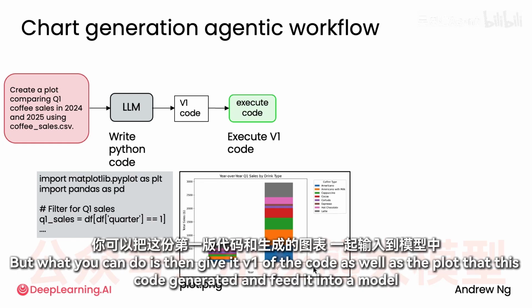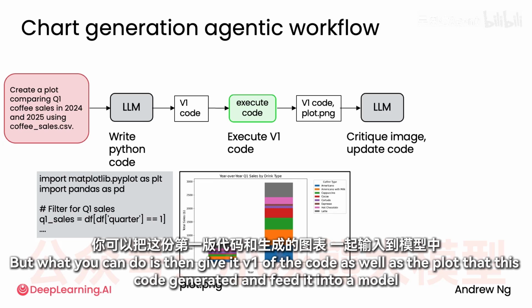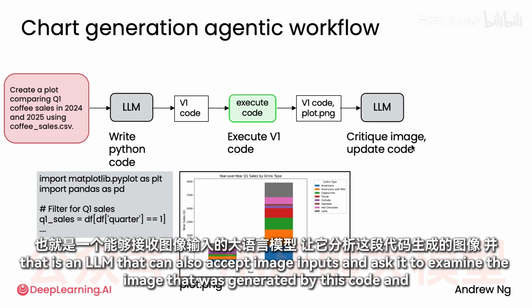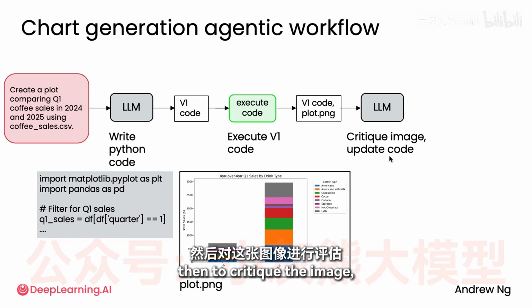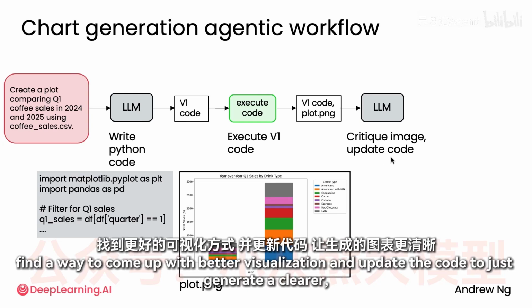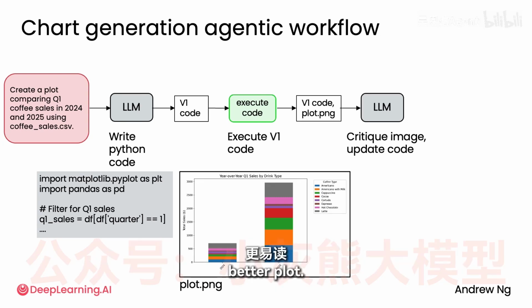But what you can do is then give it V1 of the code, as well as the plot that this code generated, and feed it into a multimodal model, that is a LLM that can also accept image inputs, and ask it to examine the image that was generated by this code, and then to critique the image, find a way to come up with better visualization, and to update the code to just generate a clearer, better plot.